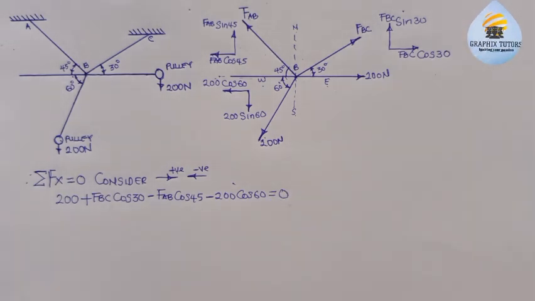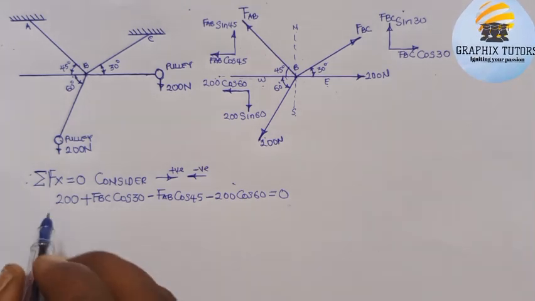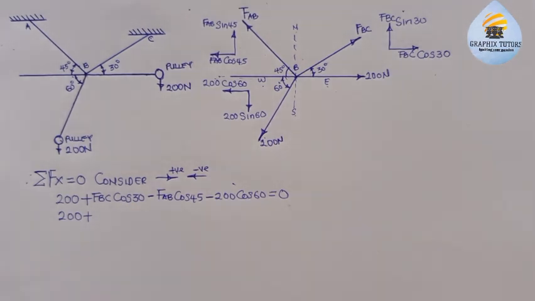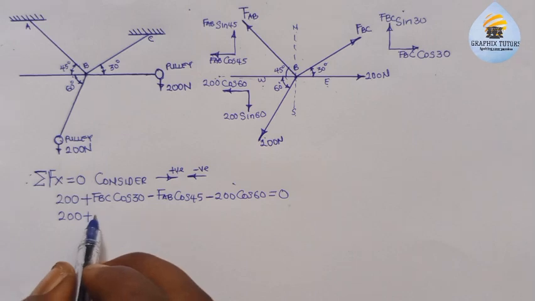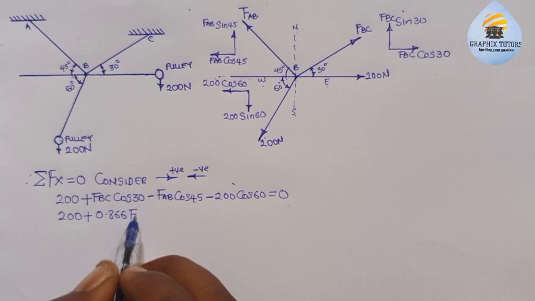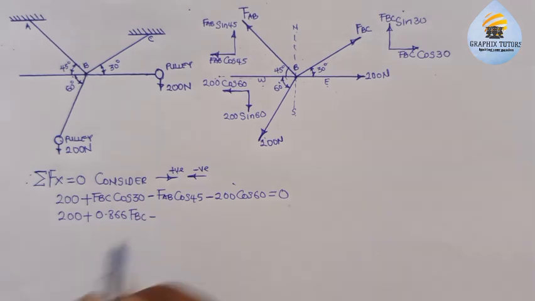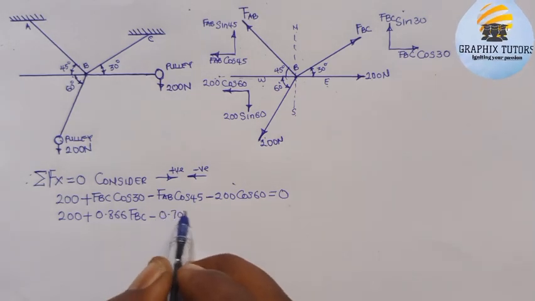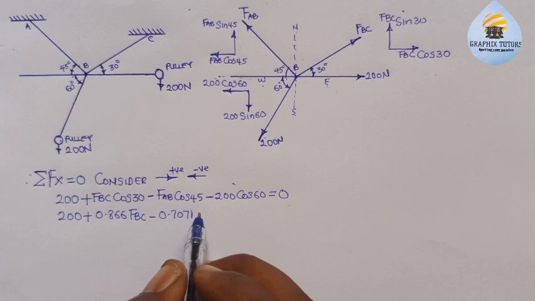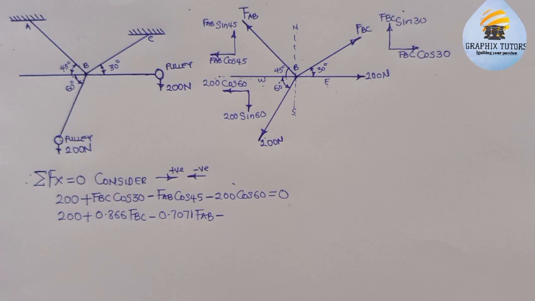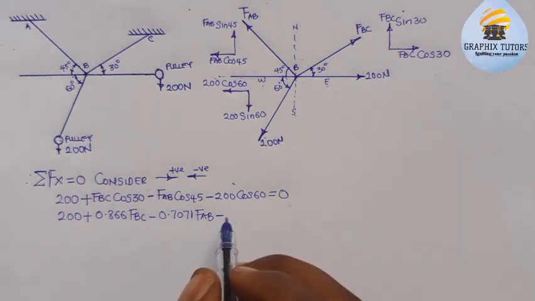Now if I resolve this, we have the 200 that we have here, plus cos 30 is giving us 0.866 multiplied by the FBC, minus cos 45 is giving us 0.7071 multiplied by the FAB, minus 200 cos 60 is giving us 100, so we're having minus 100.